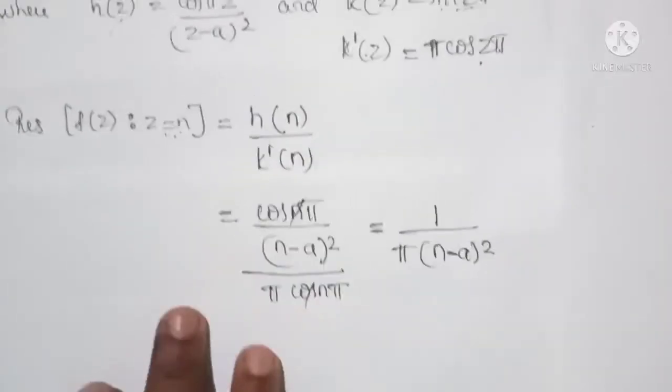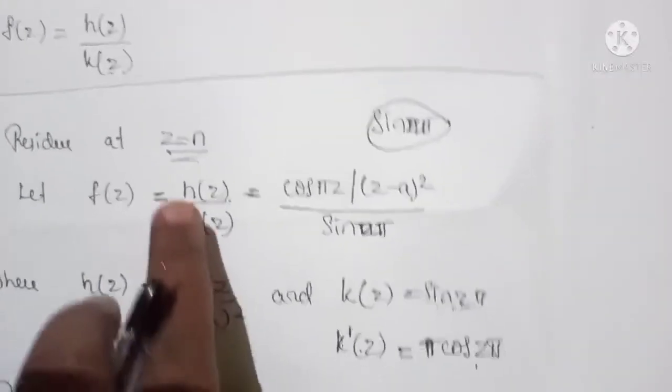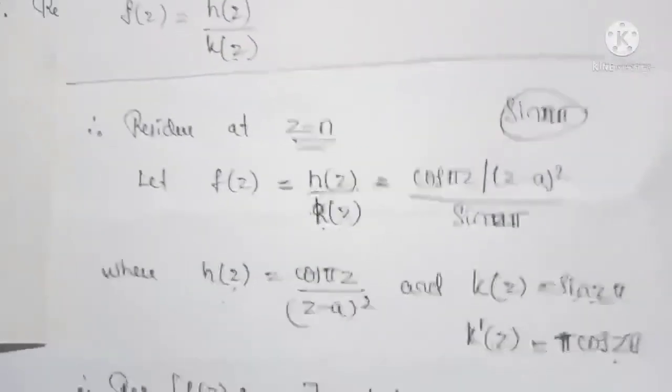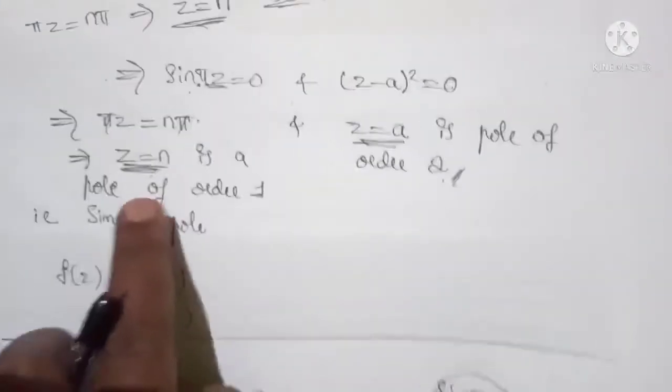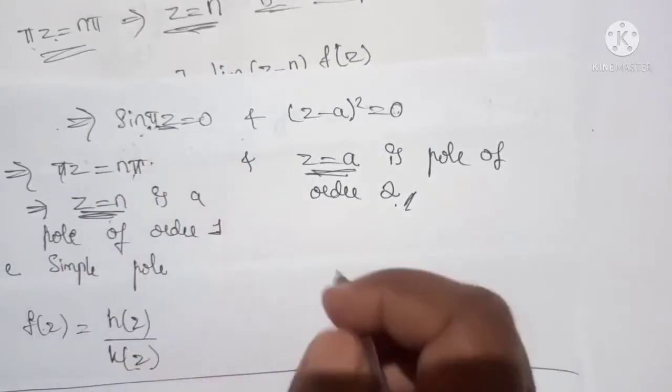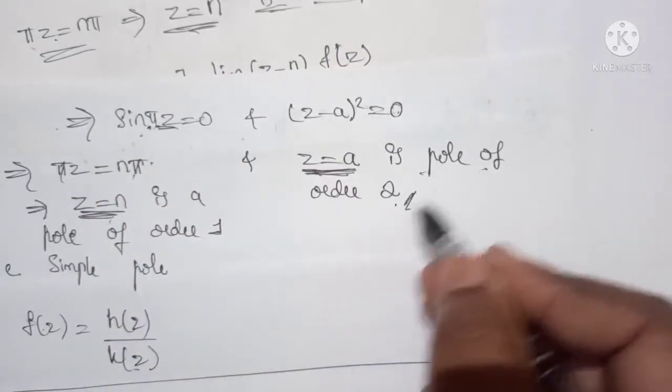Next we need to find the residue at z equals a, which is a pole of order 2.